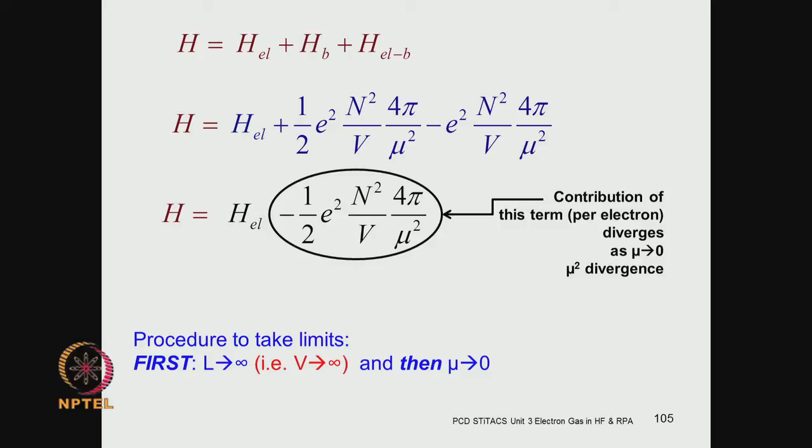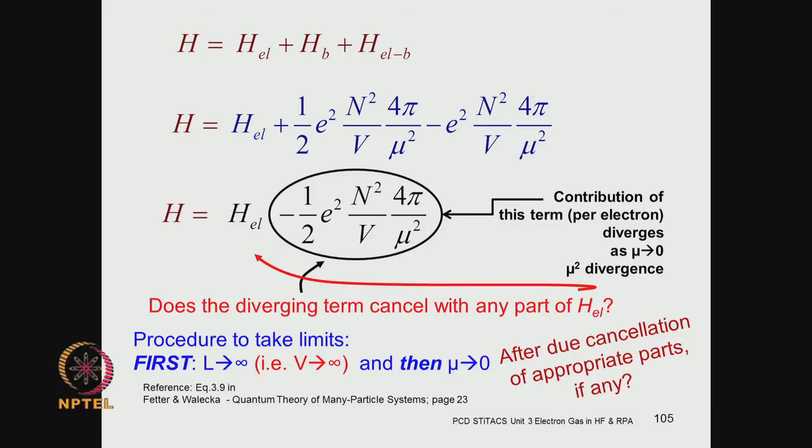There are the Coulomb interactions, there are the exchange interactions, there are so many terms in it, and we must first examine if there is any cancellation of the mu square divergence with any term or part of the term which is coming from the electronic part of the Hamiltonian, which was our first term in the total Hamiltonian. So that is something that we will examine.